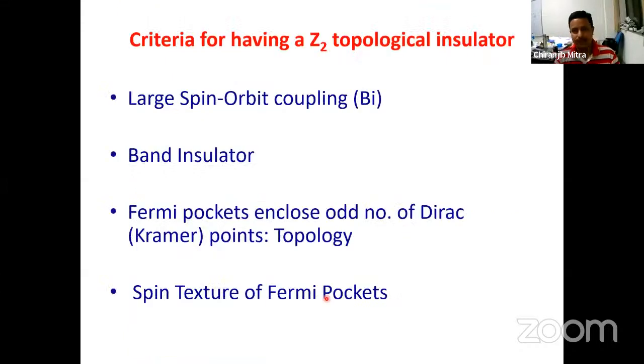So the criteria for having a Z2 topological insulator is that we need to have large spin-orbit coupling, and that's the reason why bismuth is used. It must be a band insulator, and there are an odd number of Dirac points, which is the topology, and the spin texture of the Fermi pockets, which we saw in the last slide.